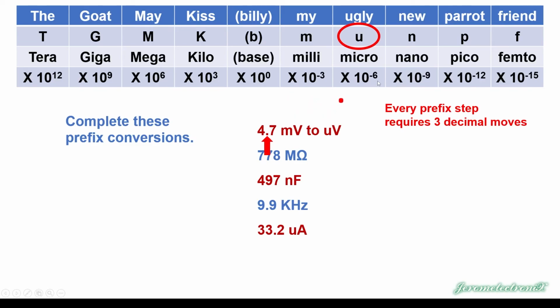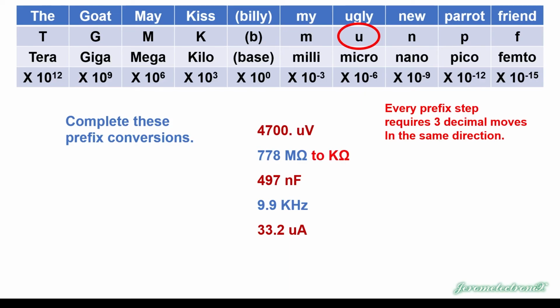So 3 moves in the same direction. We're going from milli to micro, making 3 moves in the same direction. Okay. So there's 1, 2, 3. Once we have made those 3 decimal moves, it has been converted to microvolts from millivolts.